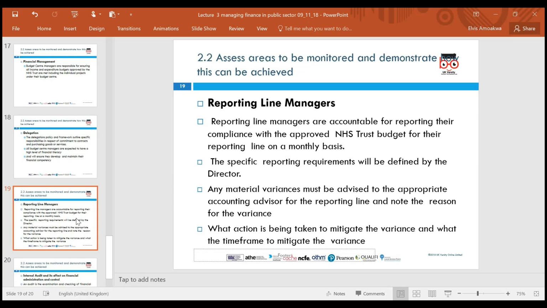There are specific reporting requirements which will be defined by the director in charge. Any material variance or difference must be advised to the appropriate accounting officer for the reporting line, and they must note the reason for any variation, any action being taken to mitigate it, and the time frame to mitigate that variance.